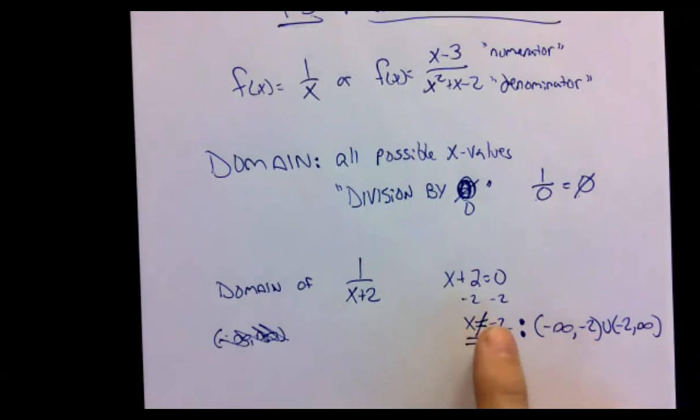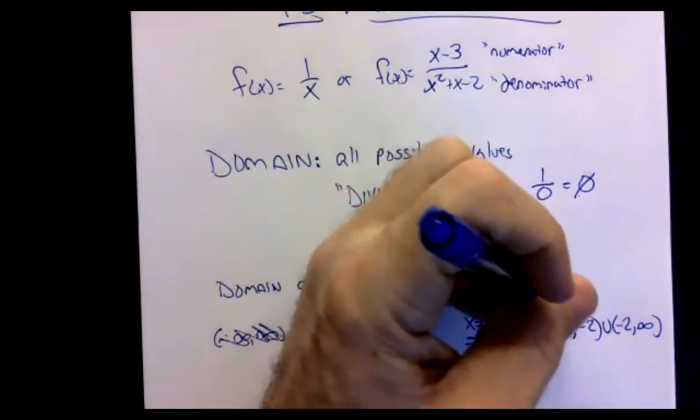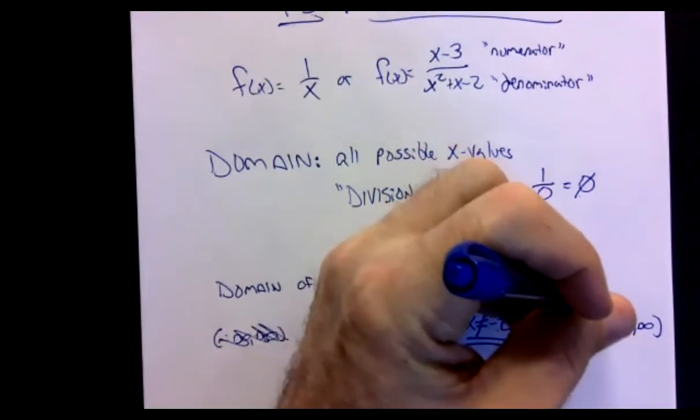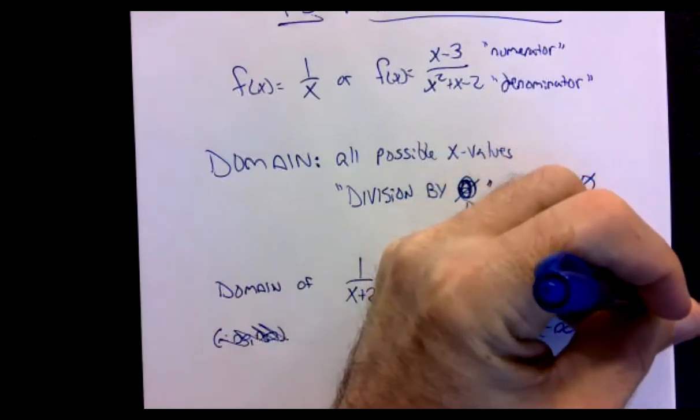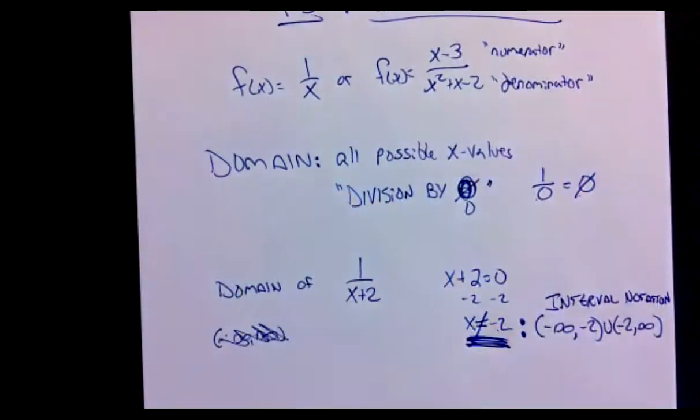X cannot be -2 because that causes division by 0. This says what X can be, basically. X can be everything up to -2, and then from -2 on. So really the only number it can't be is -2. It's not included here. So this is the interval notation of this exact same idea.